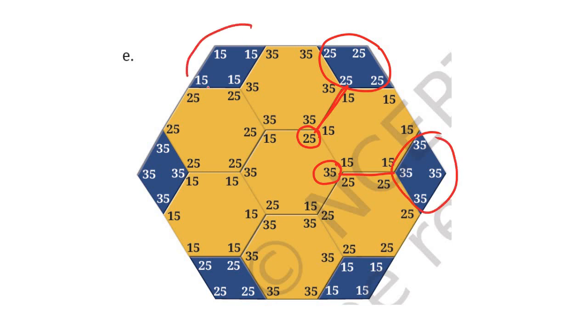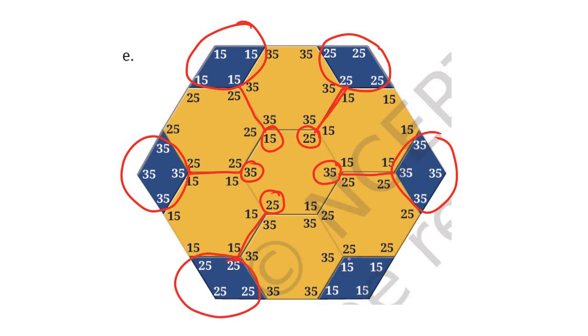Again, this is a 15 group, and this matches with the 15 group inside. Again, this is a 35 group, and this matches with the 35 group on the outside. This is a 25, and this matches with the 25 group outside. This is also a 25 group, and here we have got the 15 group.